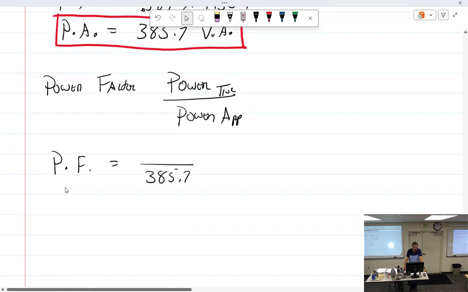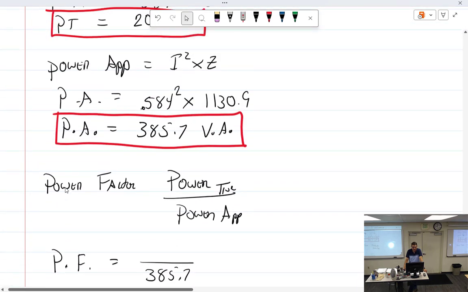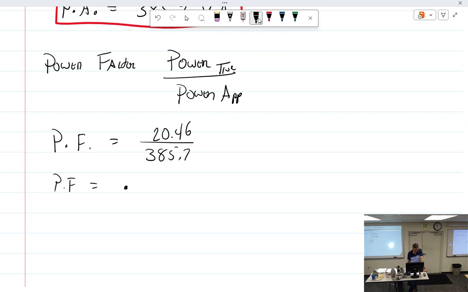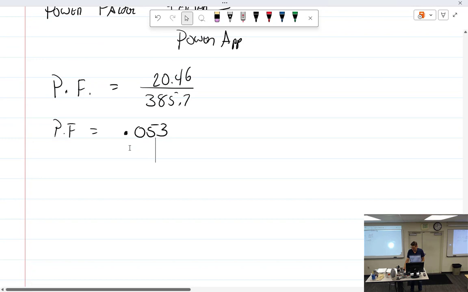I've been doing 2 here. 0.05. I got the same power factor. 0.053. Is that good or bad? Bad. Very reactive. We're gonna find more.